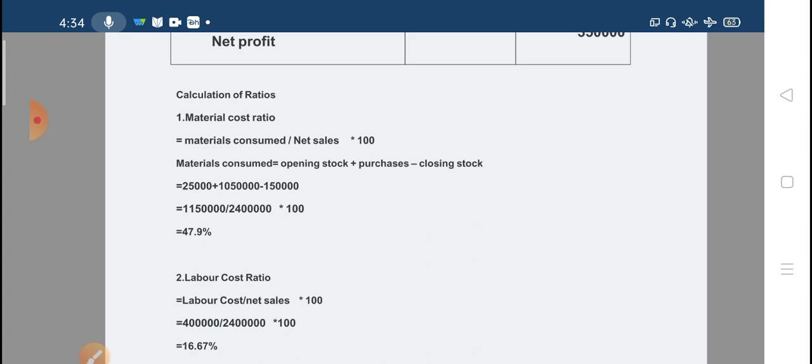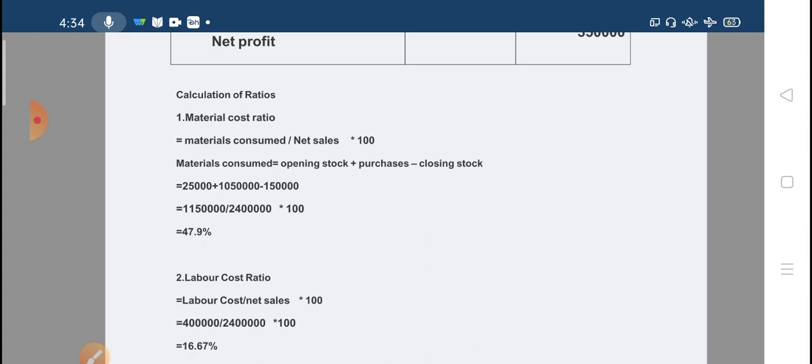Material consumed equals opening stock plus purchases minus closing stock. So 2,50,000 is the opening stock plus purchases 10,50,000 minus 1,50,000, that is closing stock. So 11,50,000 divided by 24 lakh into 100.